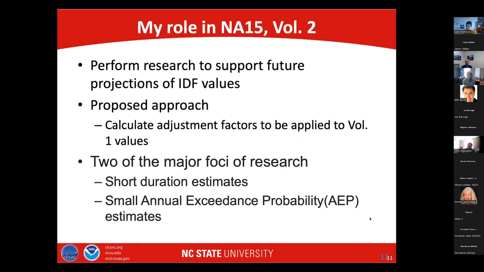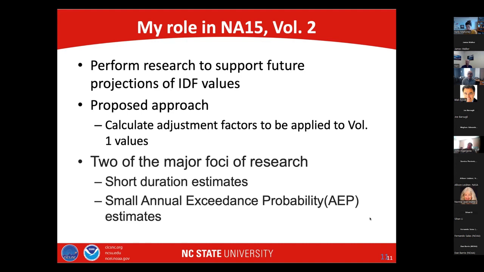So more specifically about my role in NA15 Volume 2, once again, my proposed approach is to use climate model simulation data to calculate adjustment factors, and that these adjustment factors would be applied to the new values that are being developed in Volume 1.